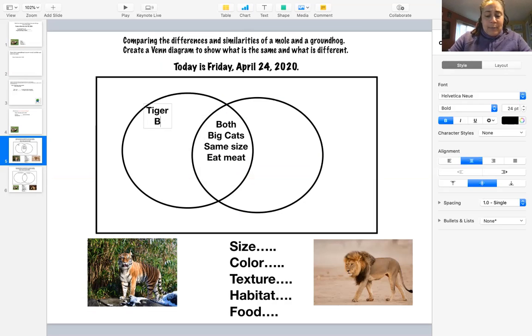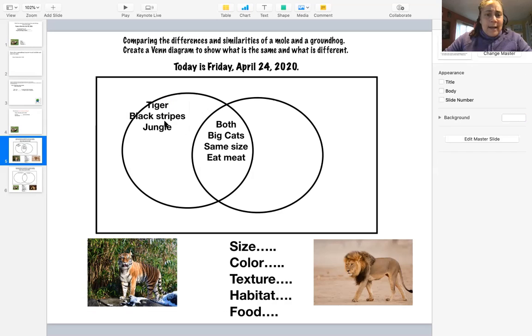And the tiger has black stripes. Let's look at where the tiger's living. I see all this lush green vegetation. It doesn't look like he lives in a savanna or on the plains. It looks like he probably lives in a jungle. So let's put that down for his habitat.